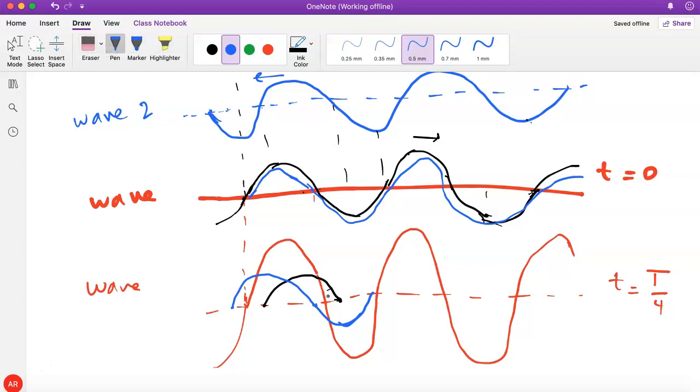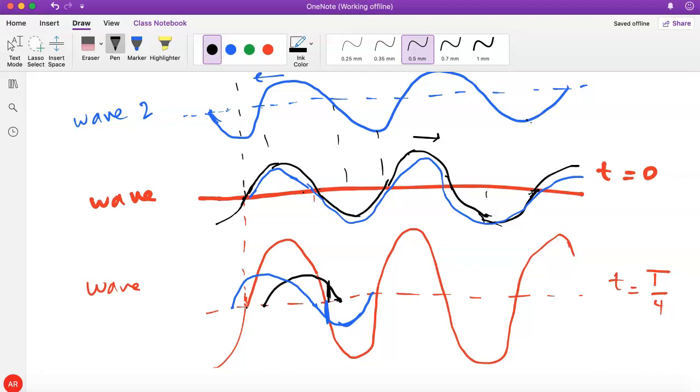Because it's this height, which is negative, plus this height, which is positive, and if they look the same, we shift them by the same amount, those are going to be the same heights. So that's interesting. It seems the pattern is that we're going to get these nodes. And basically now, a little bit later, again, this one will be a node as well.